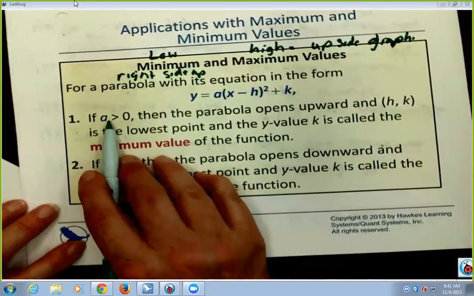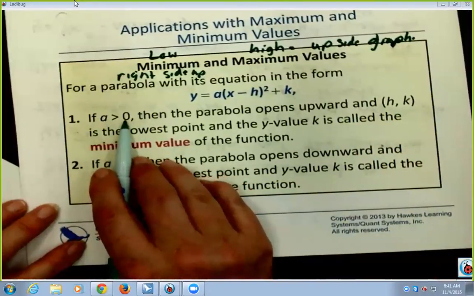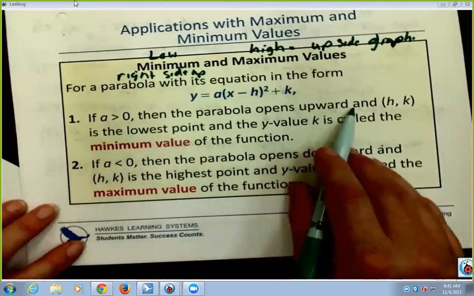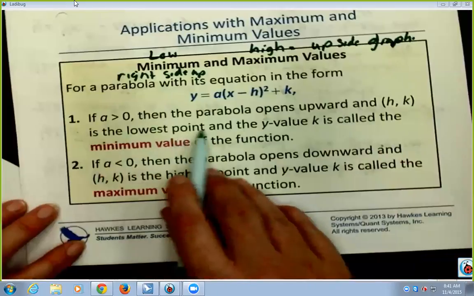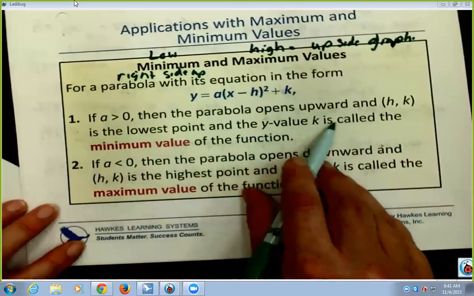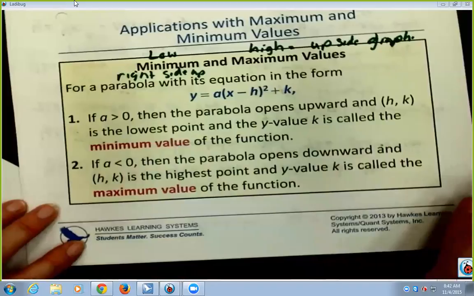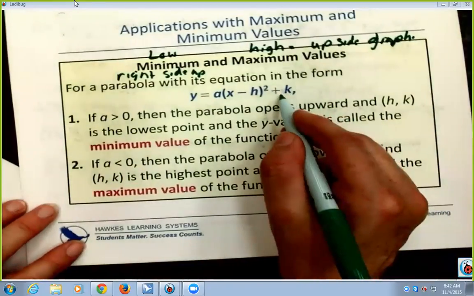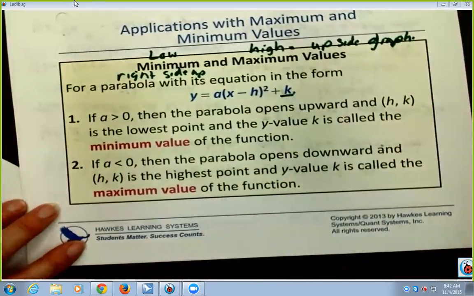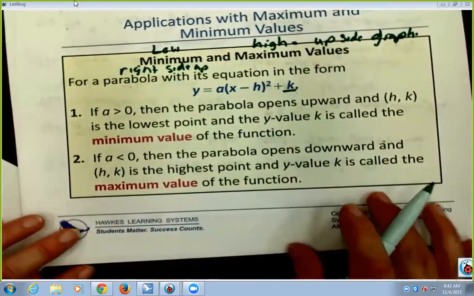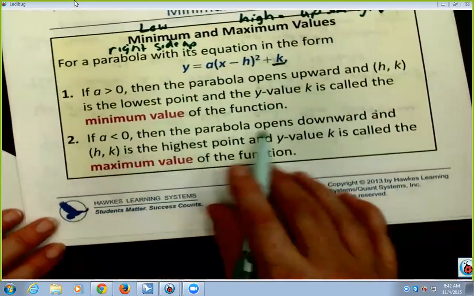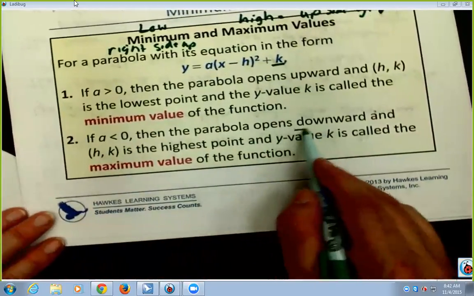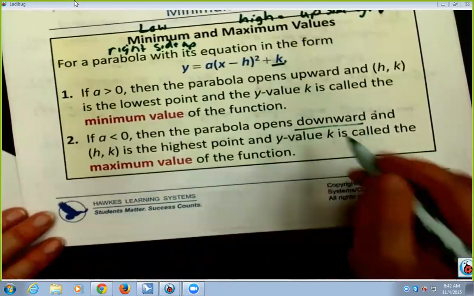So if a is greater than 0, then the parabola opens upward, and (h, k) is the lowest point, and the y value k is called the minimum value of the function. So your minimum is always going to be connected with k, and your maximum is going to be connected with k as well. It's a maximum if the parabola opens downward, or upside down as we've been calling it.